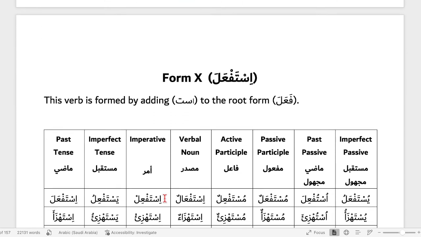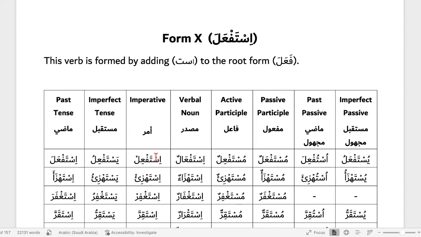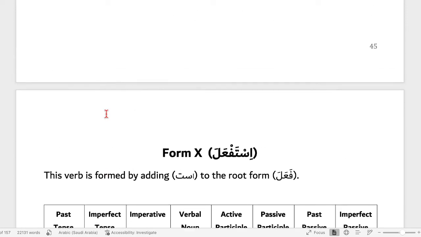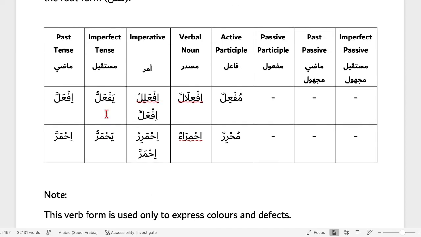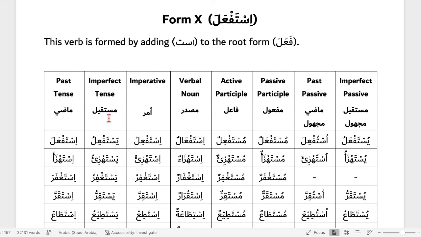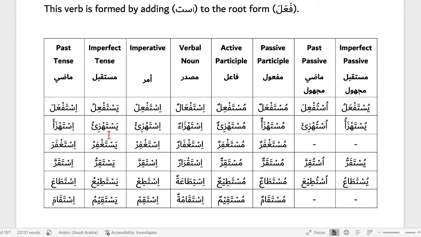Form 10. This form is formed by adding three letters, alif, sin and ta, ist, to the root form fa'ala, which becomes istaf'ala, yastaf'ilu, mazi, mudare, mustaqbil. I have put mustaqbil here, but it means the mudare form.